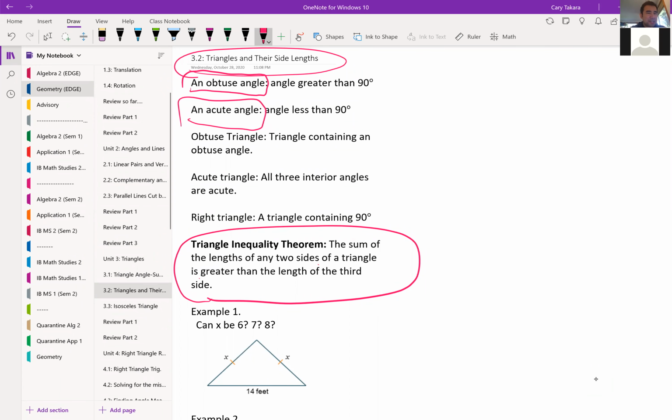Obtuse angle is essentially an angle that is bigger, greater than 90 degrees. So for example, it looks like this. That's an obtuse angle. Isn't that bigger than 90 degrees, right? That's obtuse.